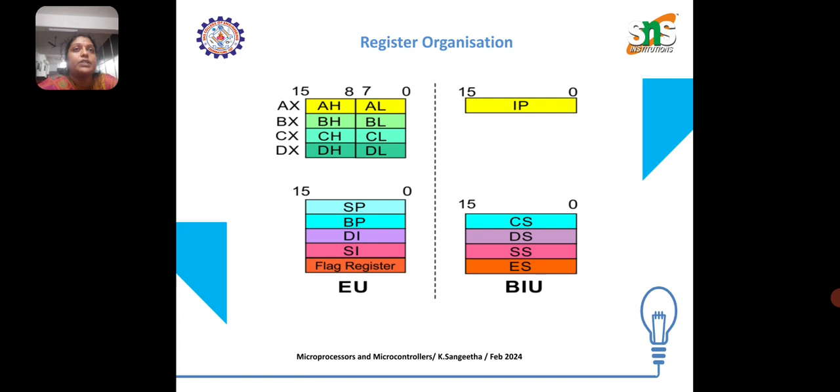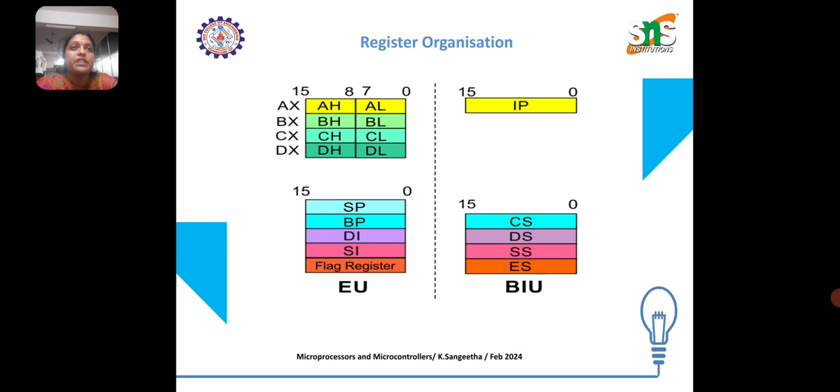Source index, SI, is used as an index for accessing data in memory, commonly used in string operations. DI, the destination index, is similar to SI but typically used as an index for storing data in memory during string operations. So SI and DI index registers are mainly used during string operations.